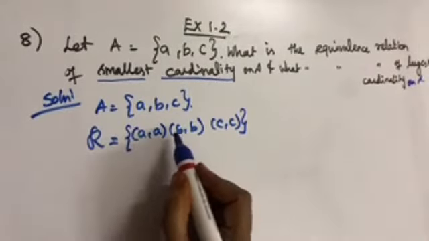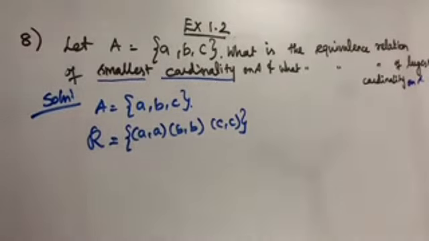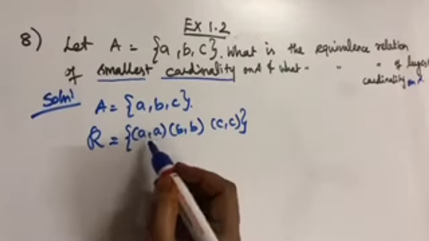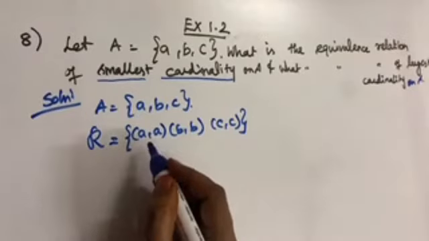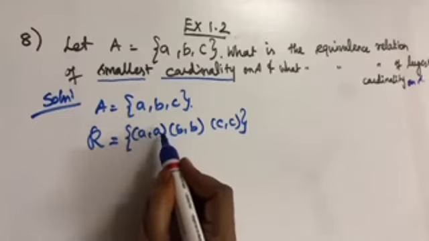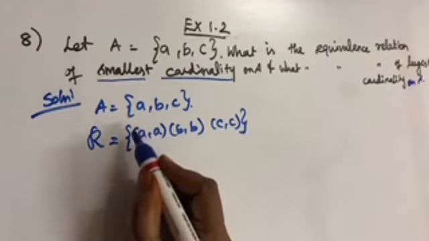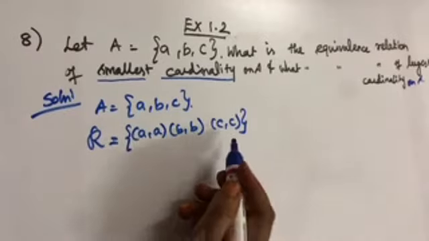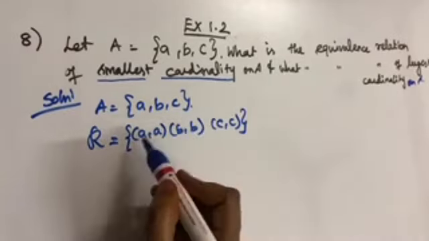Here A comma A, B comma B, C comma C, it is there, so it is reflexive. Second one, we have to prove it is symmetric, right? So to prove it is symmetric, if A is related to B, then B also should be related to A. But here I couldn't find any elements so that I can prove that.